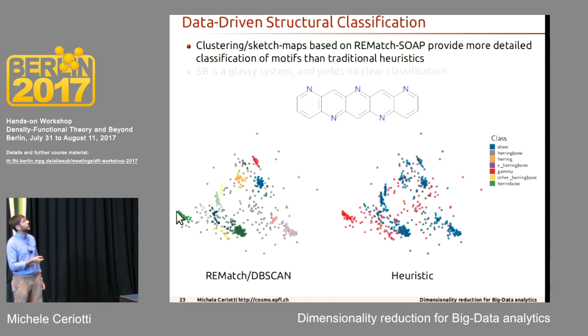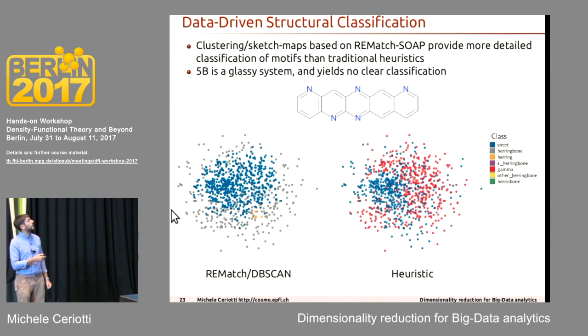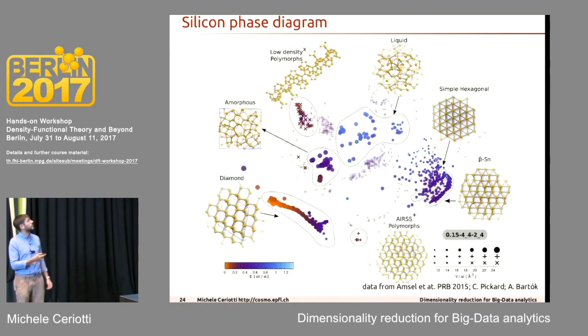And this also works very well for the regularly substituted pentacene. Again, there is a heuristic classification, but the automatic classification recognizes that there are more precise patterns. And instead, for the irregularly substituted pentacene, you see that this classification doesn't work. And this is just because this is a very glassy landscape that escapes this definition.